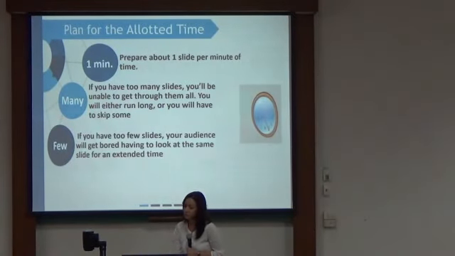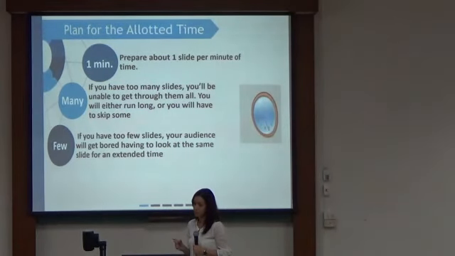So, planning for the time. Let's try to prepare your slides. About 1 slide per minute of time is okay. For example, if you have 13 minutes, 13 to 16 slides will be okay. And the number of slides is important.